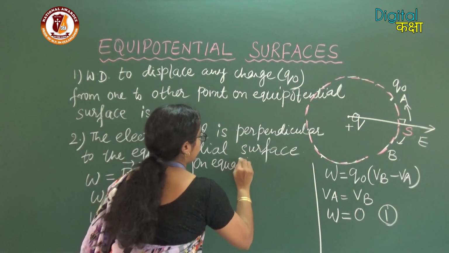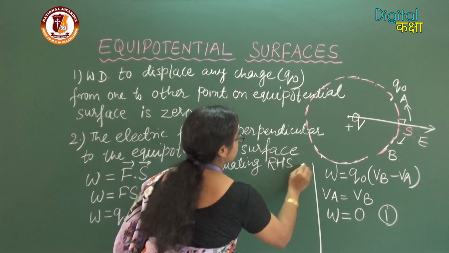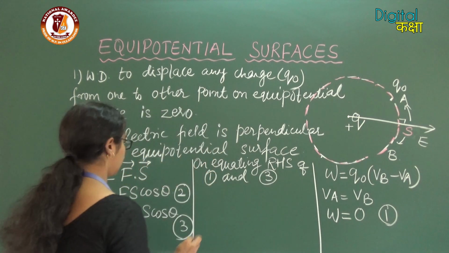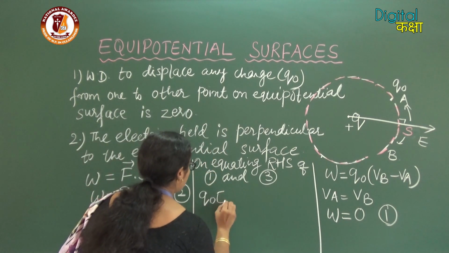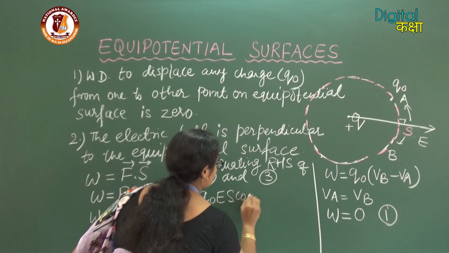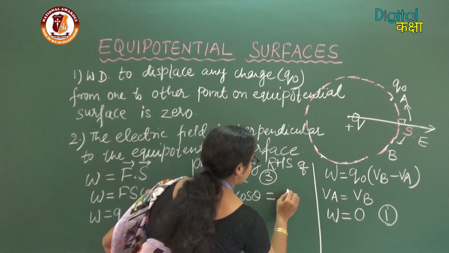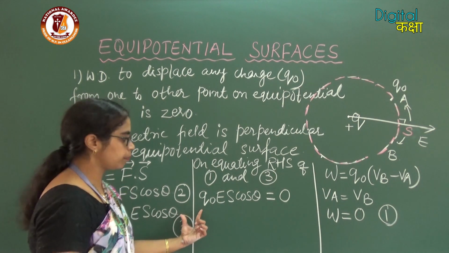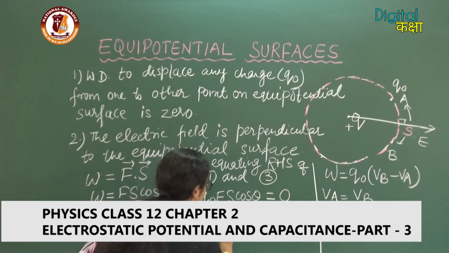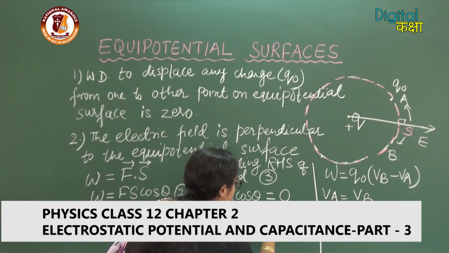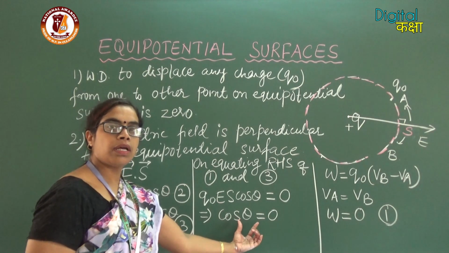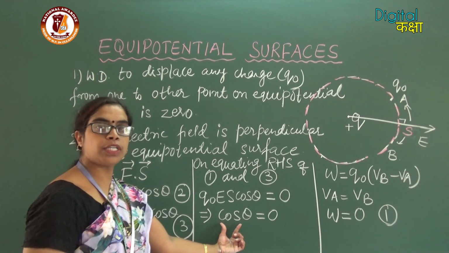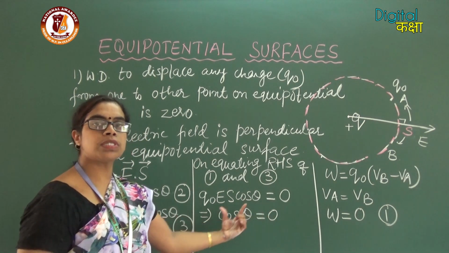On equating RHS of equation number 1 and 3, we get Q naught E S cos theta equal to 0, since all these quantities are constant here. So from here we get an idea that cos theta is equal to 0, and we know that when theta is equal to 90 degree, the cos value of 90 degree is equal to 0.